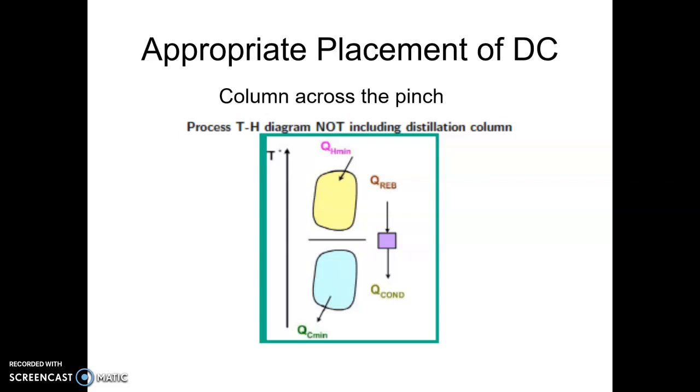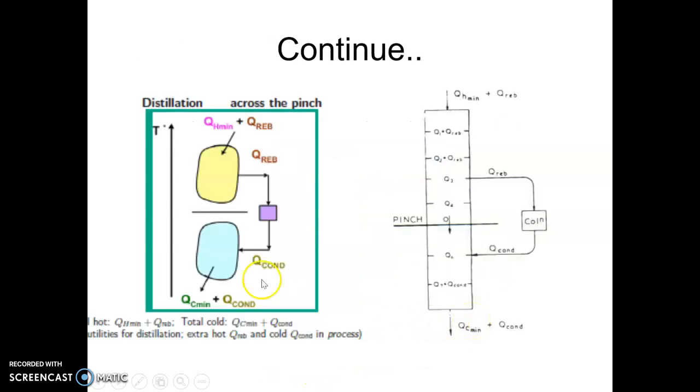Now, the total amount of energy required here, if I consider process and column separately, is QH minimum and Q reboiler for hot utility, and QC minimum and Q condenser for cold utility. So this is the total. If I try to exchange energy between them, I supply this Q reboiler from the process to the distillation column, and I give away the condenser duty to the process.